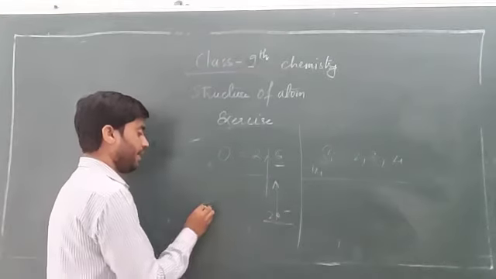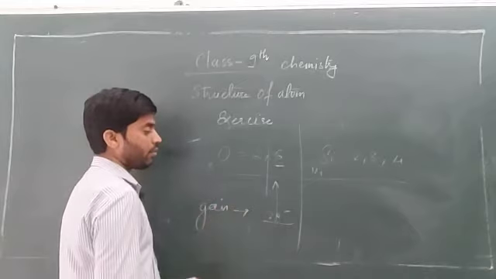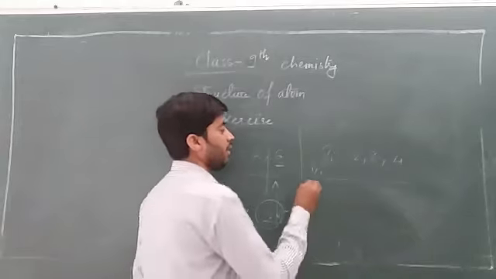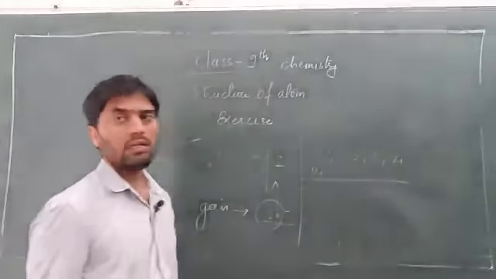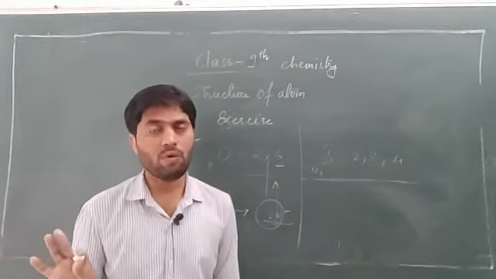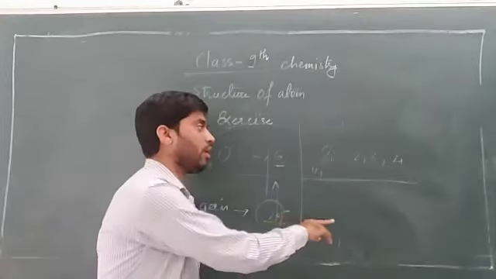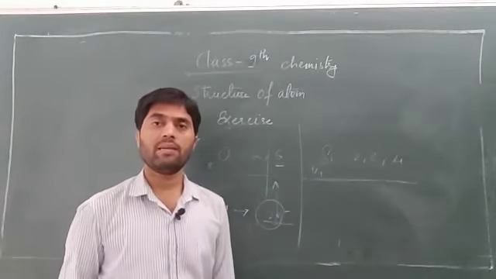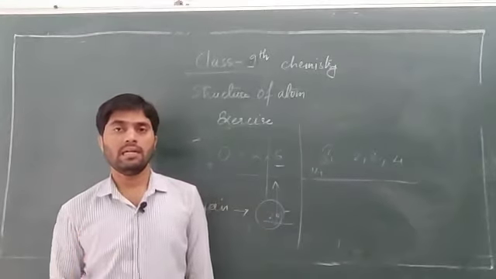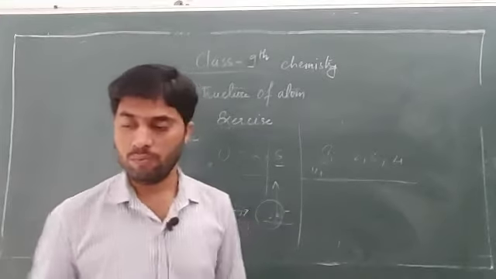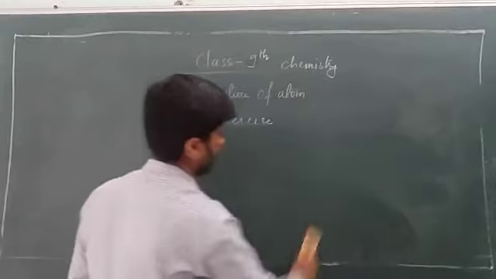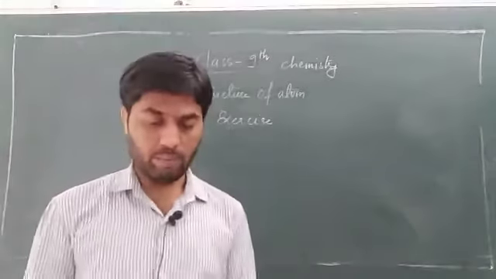So its valency becomes 2. Silicon contains 4 electrons in the valence shell, that's why its valency is 4. To complete the octet, it will gain 4 electrons or lose 4 electrons. In that case the valency will be 4. So this is the answer of this question. You have to write it properly.